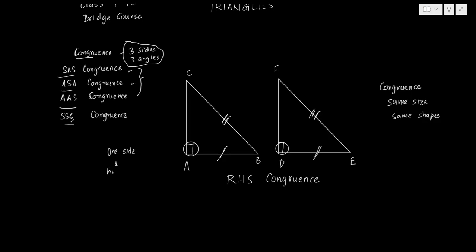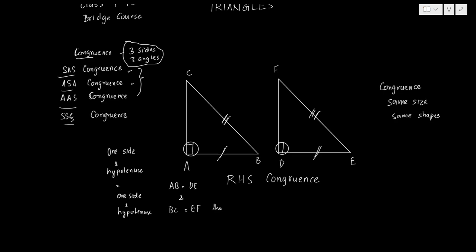So in RHS congruence, one side and hypotenuse of a triangle is equal to one side and hypotenuse of the other triangle. So in this case, one side, let us say AB, equals side DE from each of these triangles, and hypotenuse BC equals EF.